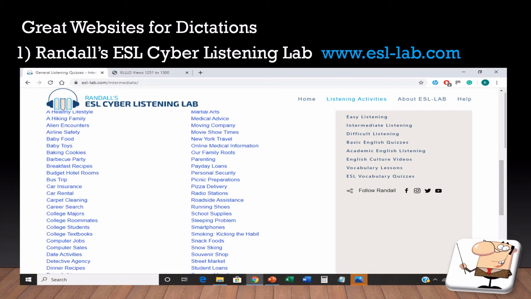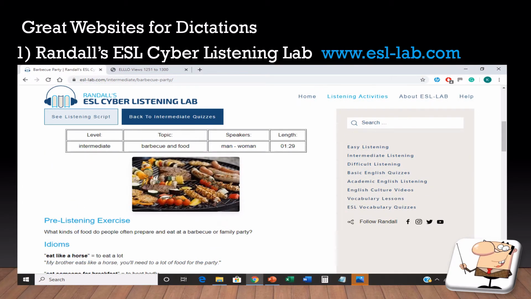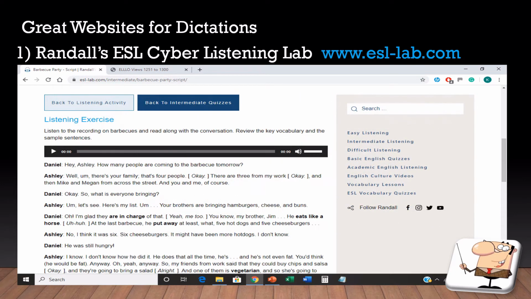It's also divided up into levels, easy, intermediate and difficult. What makes Randall's Listening Lab so good is that it gives you listening practice exercises plus explanations of some vocabulary. But most importantly, for doing dictations, you can access the listening script to check against your dictation notes.